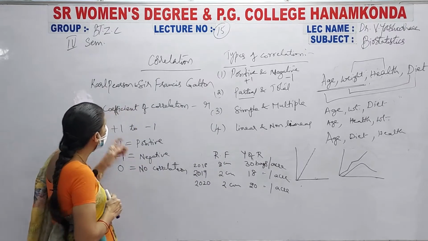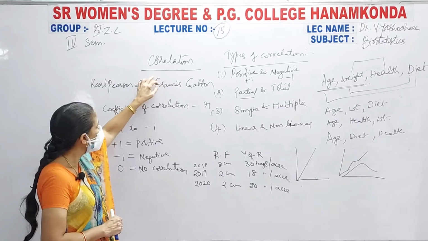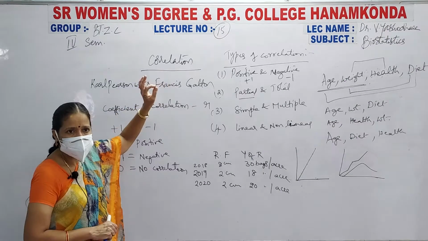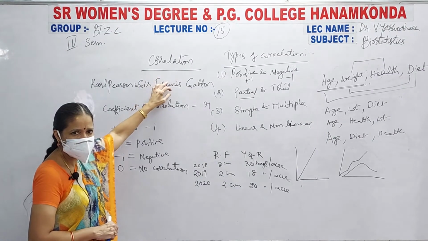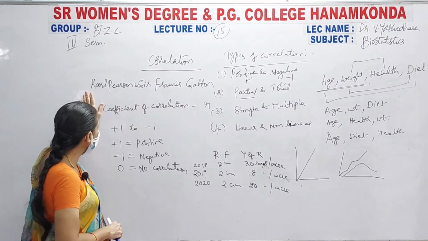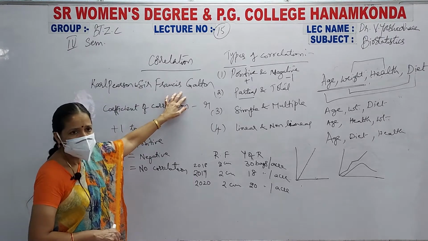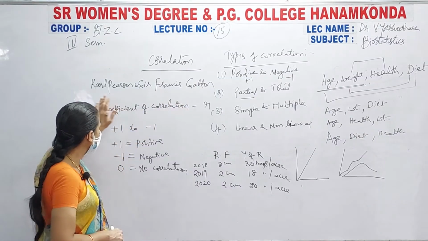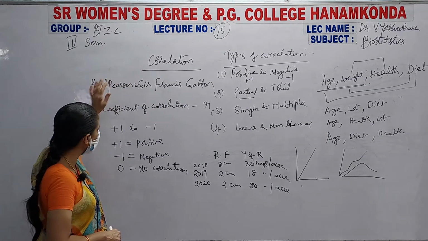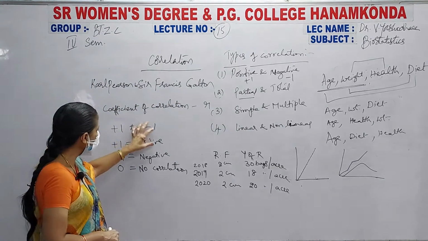So correlation is nothing but the relationship between two or more variables, that is, the degree of relationship between two or more variables is called correlation. Now this correlation was demonstrated by Karl Pearson and Sir Francis Galton in the 19th century, and the measurement of correlation is known as the coefficient of correlation. Now this is your thing.